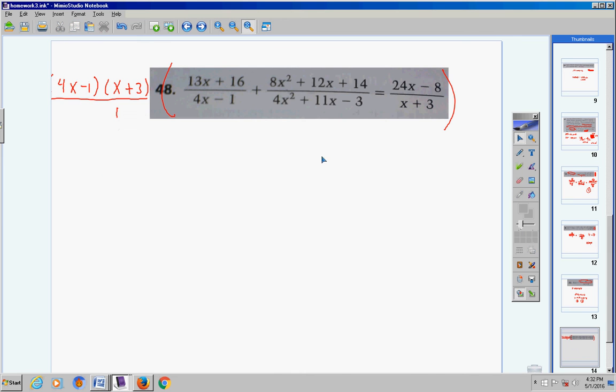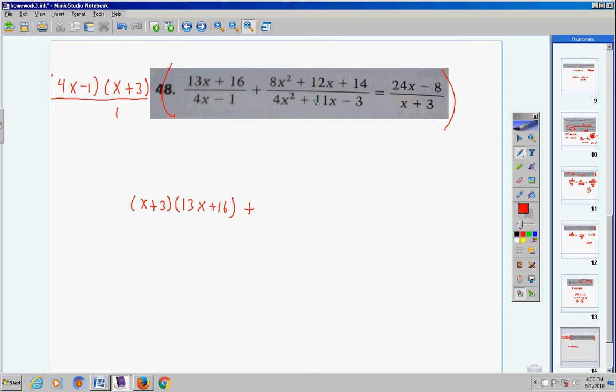Alright, so let's see what happens. First of all, 4x minus 1 would cancel with 4x minus 1, leaving you with this times this. So I have x positive 3 times 13x plus 16. And then a positive sign.